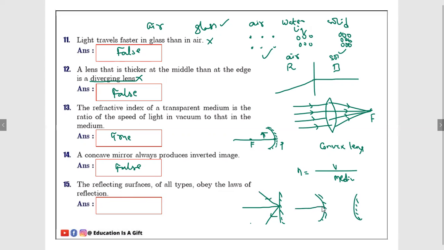If you take this as the normal, that we can call the principal axis, and this is the incident ray, this is the reflected ray, and the angle of incidence and angle of reflection will be the same. Here also in case of a convex mirror, this is the principal axis, which you can consider as the normal. This is the incident ray, and the angle of incidence will be equal to the angle of reflection. Answer, yes, it is true.